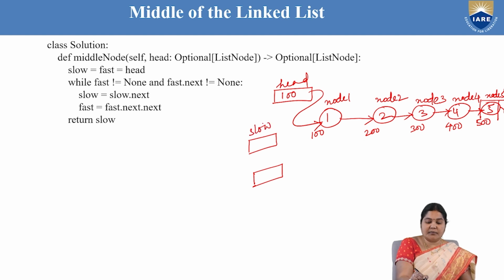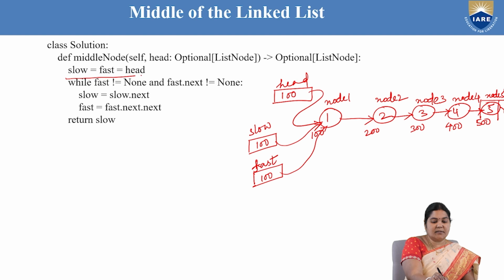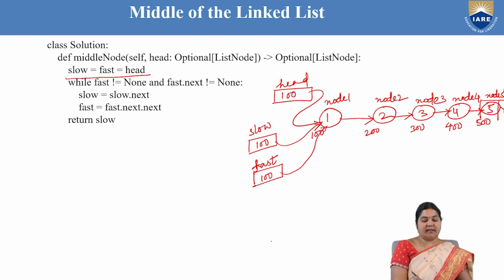Both will start from the beginning. So slow and fast both will contain the address 100. That is, slow is pointing to the first node, and fast is also pointing to the first node. You can understand this by writing the code like this: slow = fast = head. That means both the pointers will start from the beginning of the linked list.